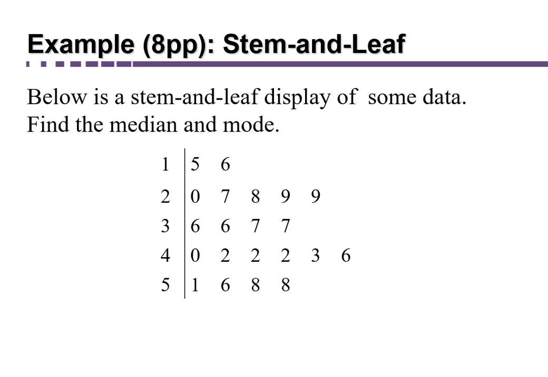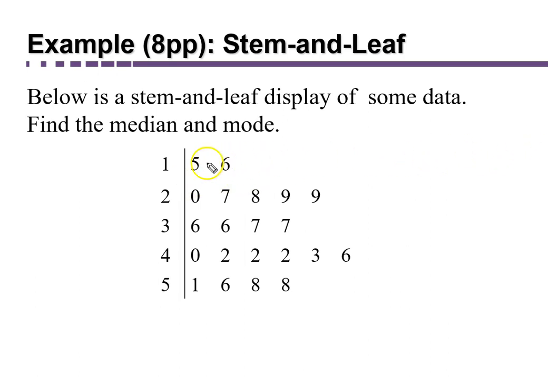Now, here is a typical stem and leaf diagram. So we'd like you to take a moment to copy this, and then we'll go over some of the features. Now, what are we illustrating here?